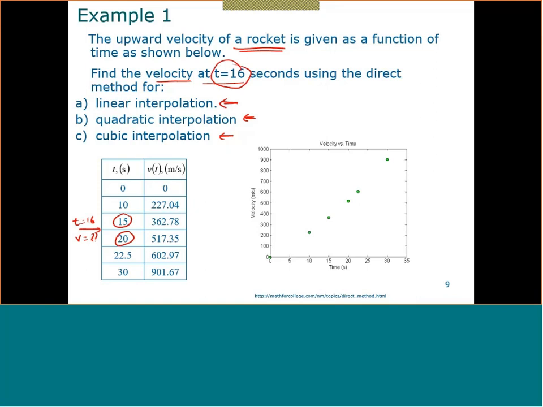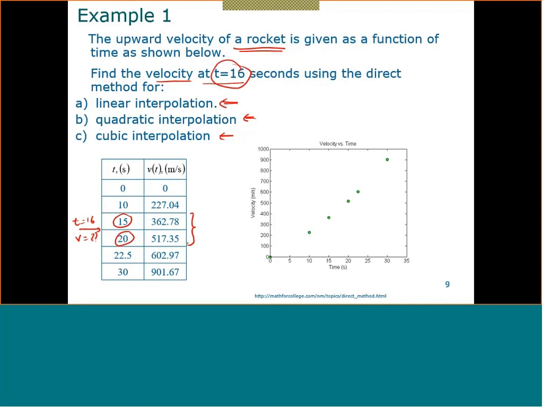So we want to use a linear interpolation. For the linear interpolation, I will need only 2 points. I need to find the function between 2 points. The question is which 2 points? Obviously, I will select these 2 points. Why these 2 points? Because 16 is between 15 and 20.